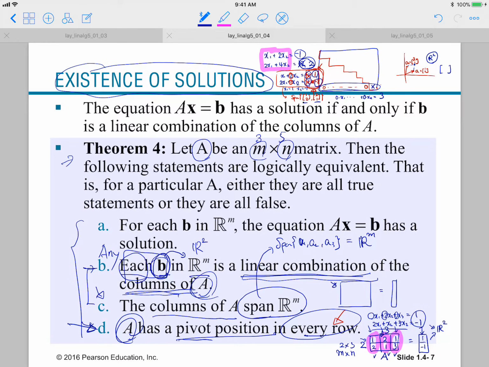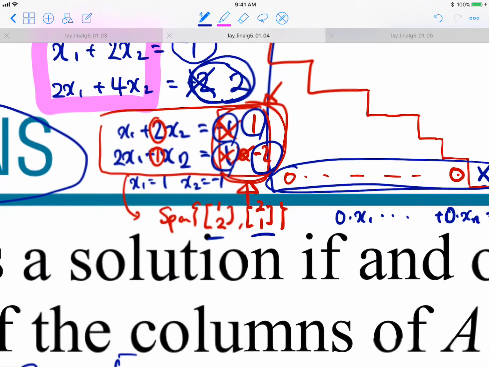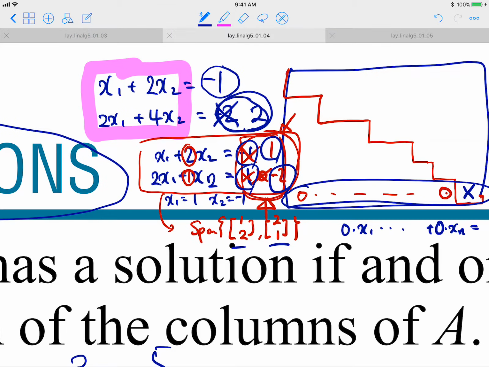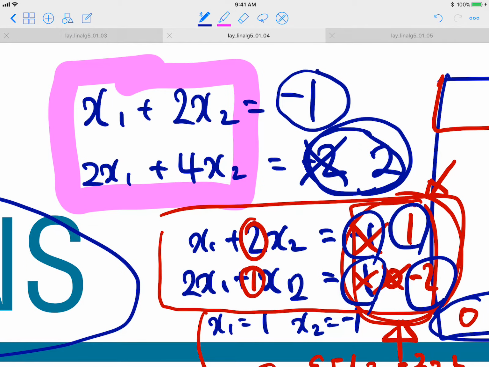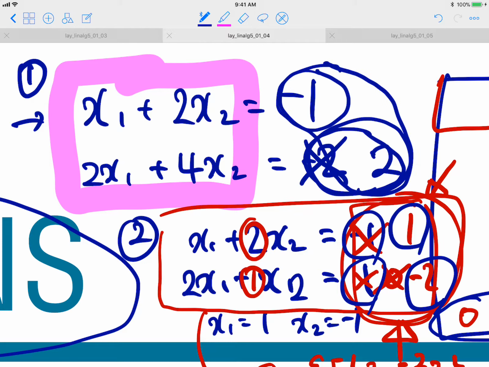Let's look at this example again, which is our 2x2 case. There was a first case and a second case. In the first case, depending on the values given on the B part, sometimes it had a solution and sometimes it didn't.